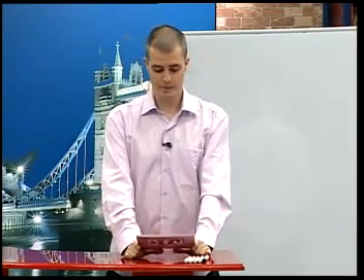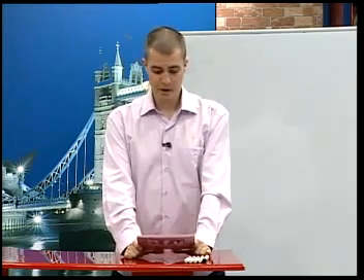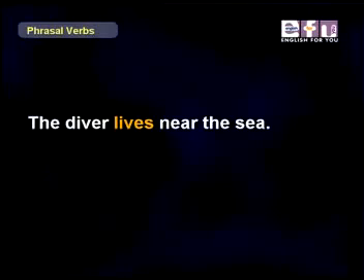There are many phrasal verbs in which the preposition changes the meaning of the verb. The meaning of the two words together is different from the meaning of the verb and the preposition by themselves. So they're different from prepositional phrases. In the first sentence, the place where the diver lives is near the sea.